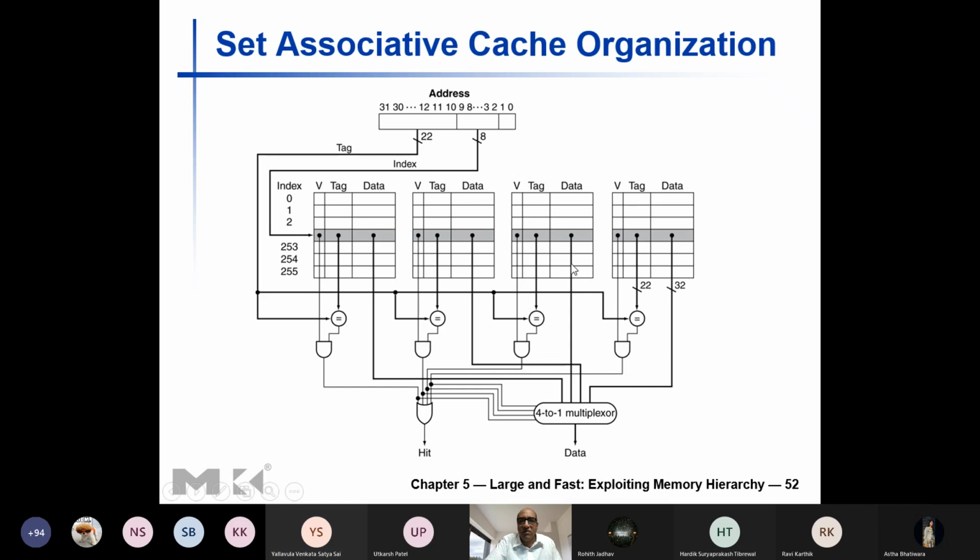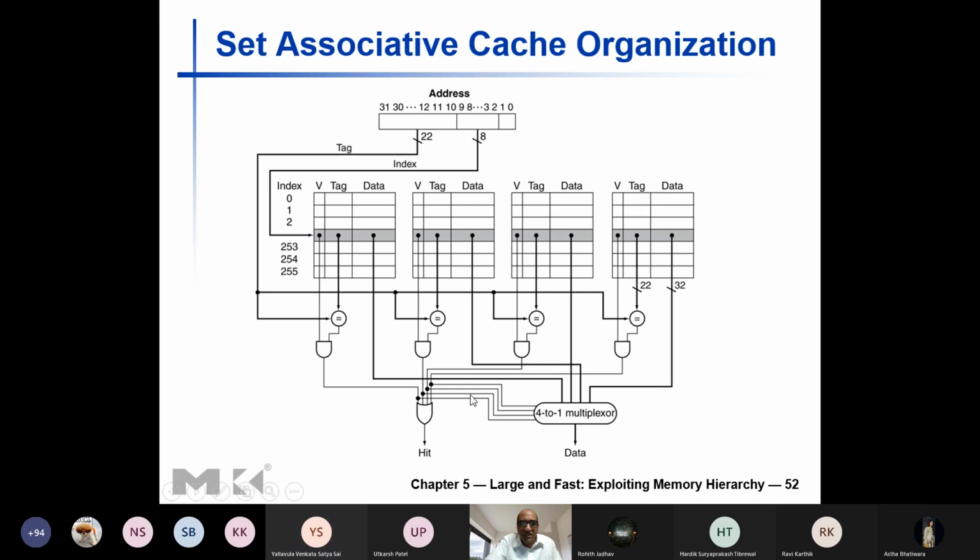Now there are 4 blocks here. Out of these, we have to fetch the desired block. So for that, you take all these 4 outputs and pass them on to the multiplexer. The outcome of these comparators has to be given as another input of this multiplexer, as select lines or control lines.